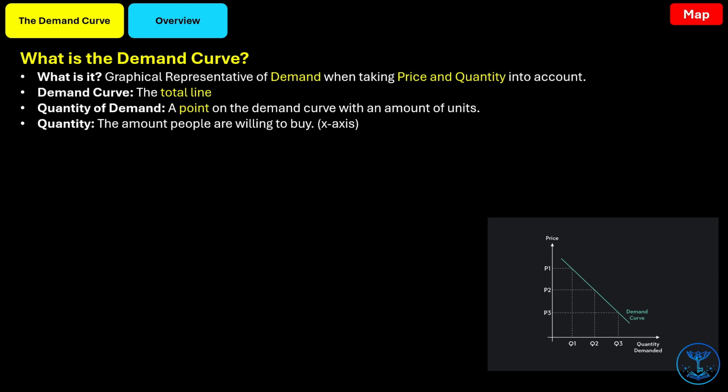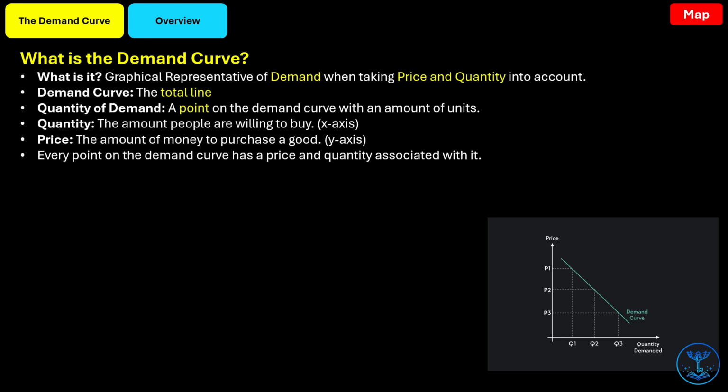Quantity just means the amount of people willing to buy, and we represent quantity on the x-axis like I showed in the previous visualization. Price is the amount of money to purchase a good. This is on the y-axis. Every point on the demand curve has a price and quantity associated with it. The demand curve equation, I just put it up again in case you guys needed to see it.